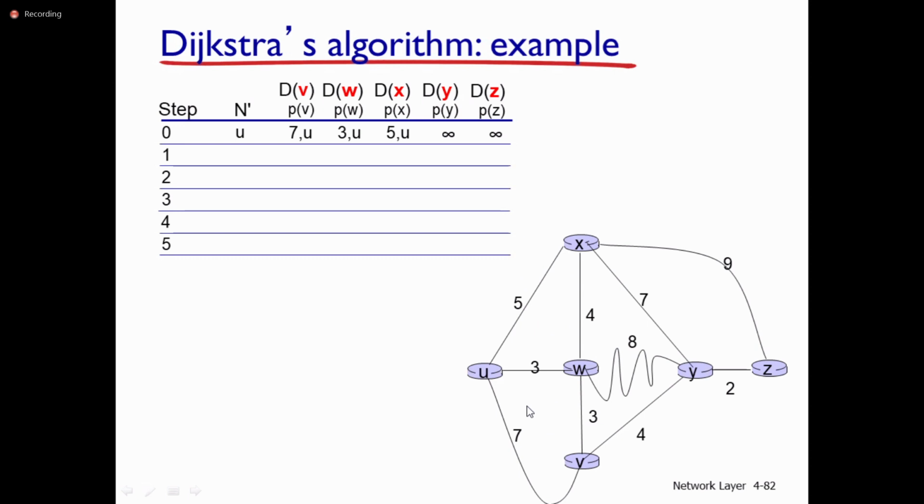The costs are from U to V 7, U to W 3, U to X 5. The previous node is U here. Here U and Y are not immediate neighbors, and U and Z are also not immediate neighbors. That's why we denote them as infinites. Is it clear?